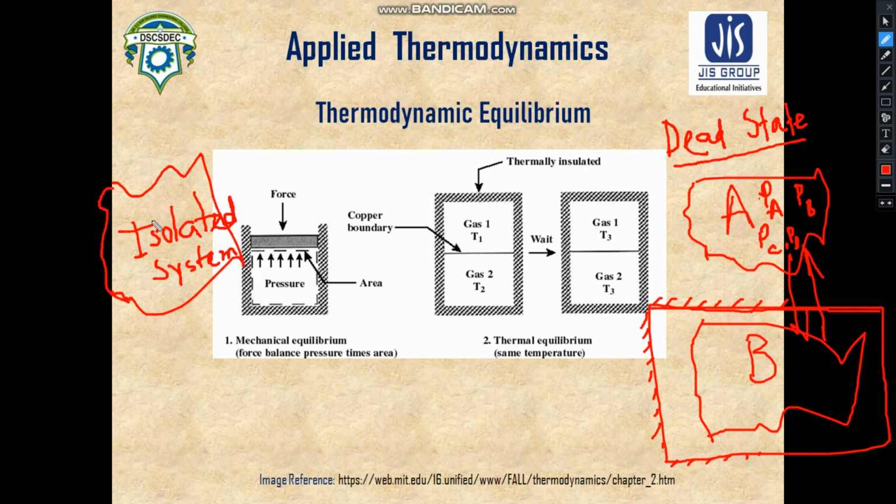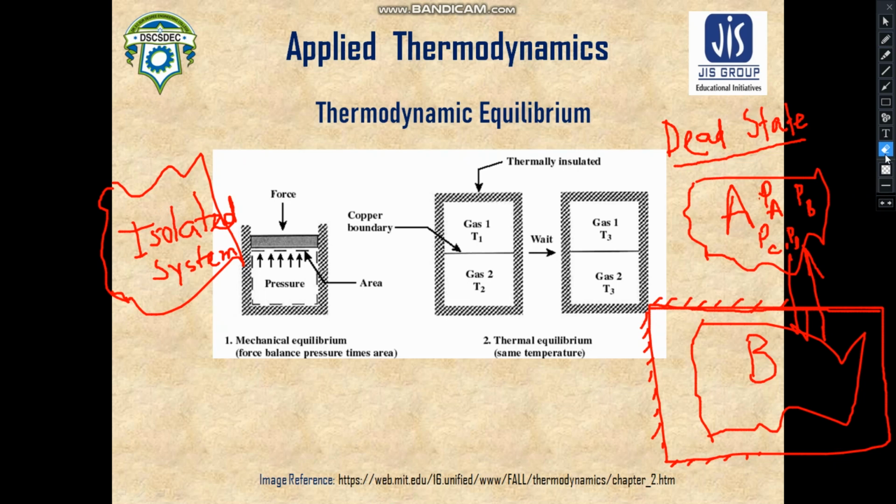That means the properties within the system itself are in equilibrium, and they will remain in equilibrium always. So it has to be an isolated system which doesn't permit any interaction with the surroundings, and the state of the system has to remain in a dead state. Referring to these points, we can say that the system will remain in thermodynamic equilibrium.